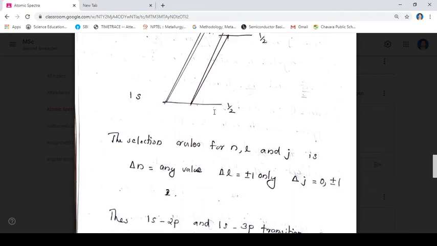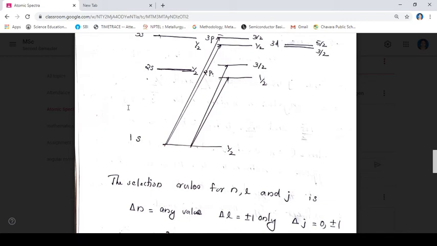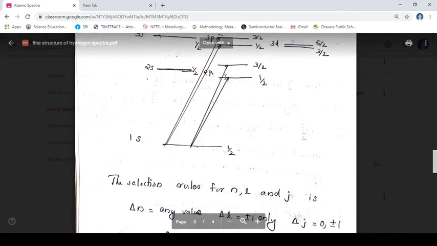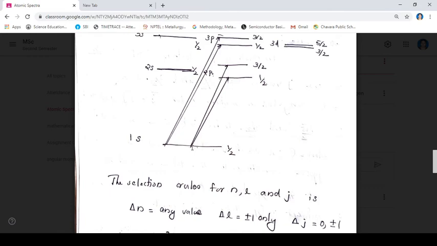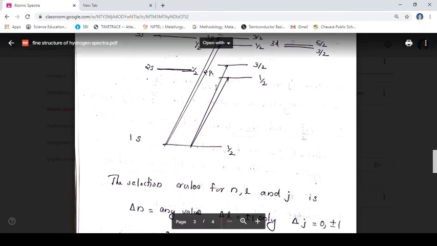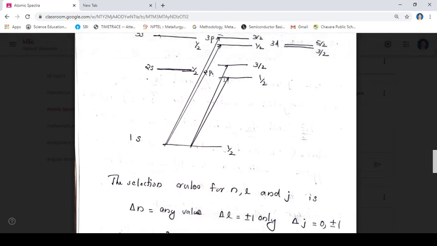Now as per the selection rule, what I have shown is the spectral transition between the 1s and 2p states. So you can have two transitions from 1s to 2p. That means the spectral line is split into two instead of a single line. Earlier we have shown it as a single line, now we have two.